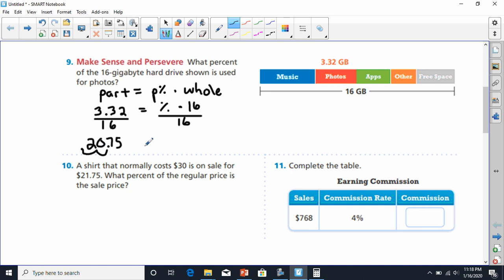I'm turning it into a percent. It's going to turn into 20.75%. Or I could say, if I round it up, it's about 21%.